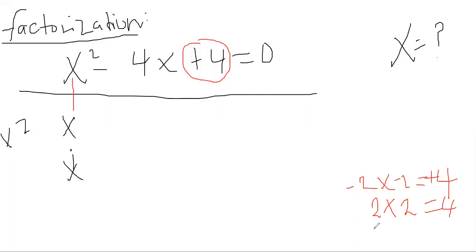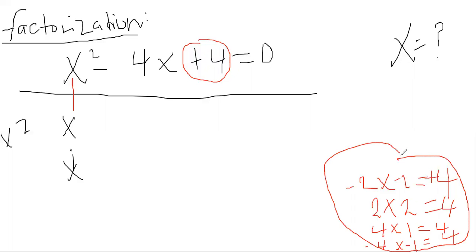Equally also, 4 times 1 can give us 4. Or minus 4 times minus 1 can give us 4 as well. But which of these should you take? So that's the question.